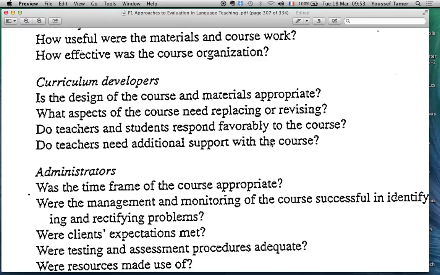You find things to be revised, so you should go into there. Do teachers and students respond favorably to the course? Okay? Do teachers need additional support with the course? Okay? Now, like teacher training, like logistics, like whatever kind of support. Yes, day-to-day. Yes, professional development, like we talk continuous training.